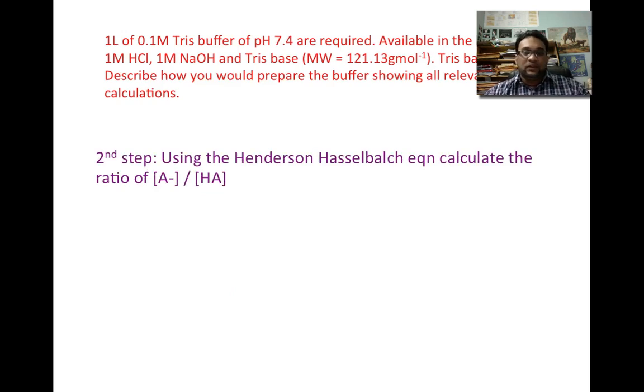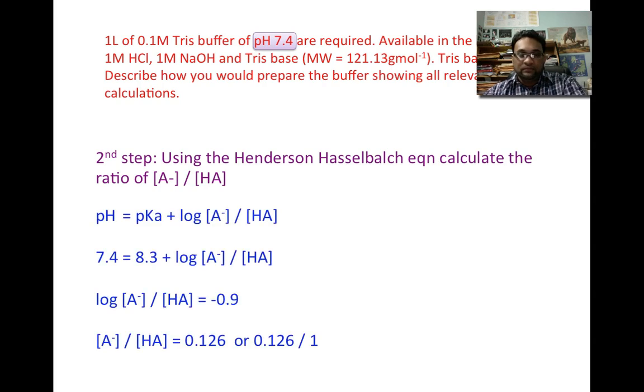The second step that you're going to do is use the Henderson-Hasselbalch equation, because you want to find the ratio of conjugate base to conjugate acid. You're going to do that by finding the pH value as well as the pKa value. And you're just going to simply substitute that into the Henderson-Hasselbalch equation. Again, please, for these calculations, state the Henderson-Hasselbalch equation, because you're going to get 1 mark there.